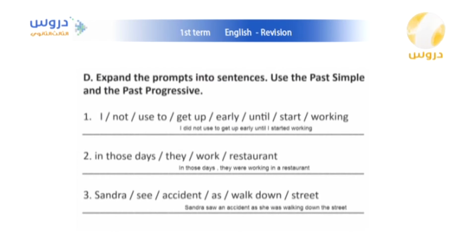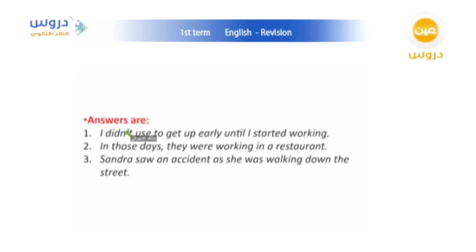Yes, Faisal, good job. Sandra saw an accident as she was walking down the street. Good job, brothers and sisters. Now we move to the next slide. This is the answer. I didn't used to get up early until I started working. Number 2, in those days they were working in a restaurant. Number 3, Sandra saw an accident as she was walking down the street.